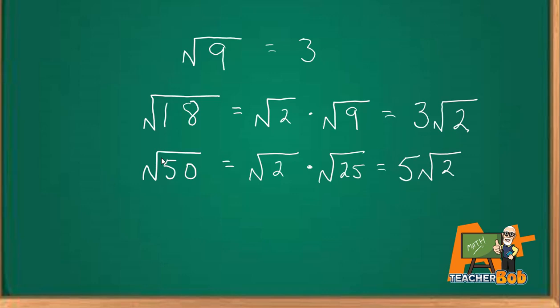Okay, I want to talk about the different parts of a root symbol and their proper names, and the number that is underneath it.